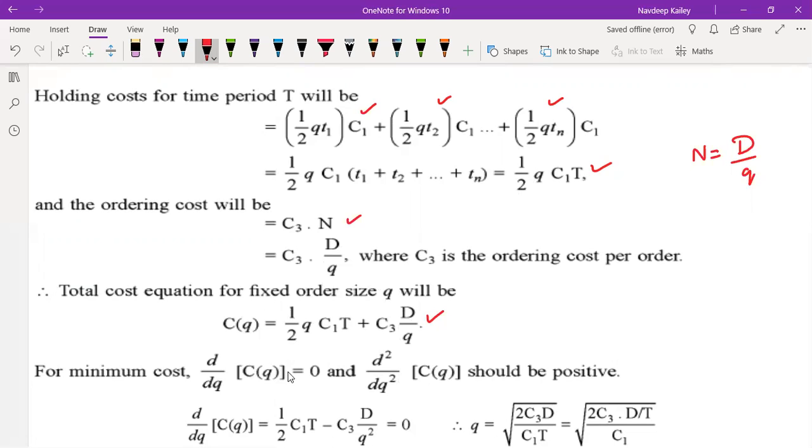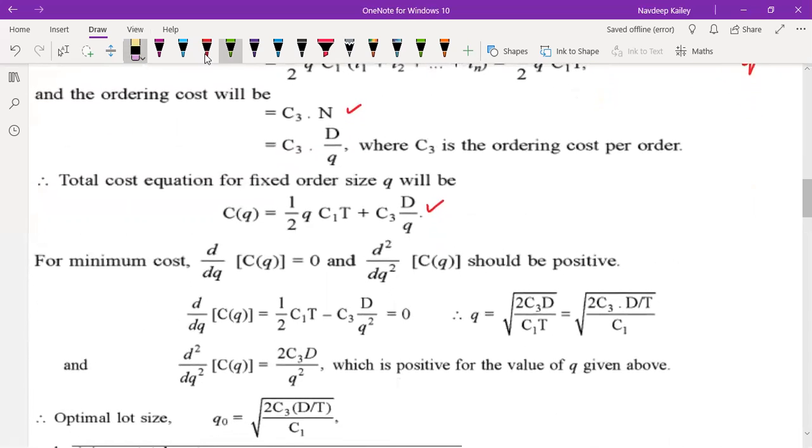Now for minimum cost, we have to put its first derivative equal to 0, and simultaneously its second derivative should be positive. After calculation, its first derivative is half C1 capital T minus C3 D upon Q square.